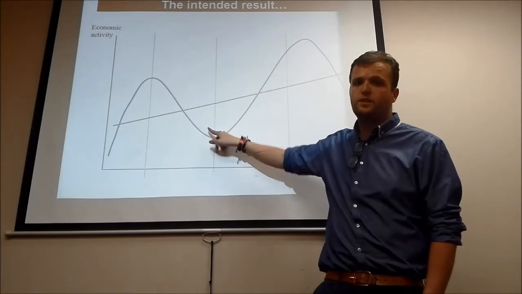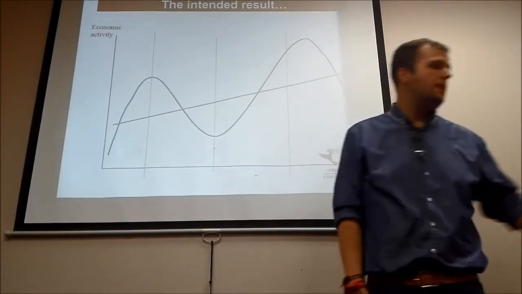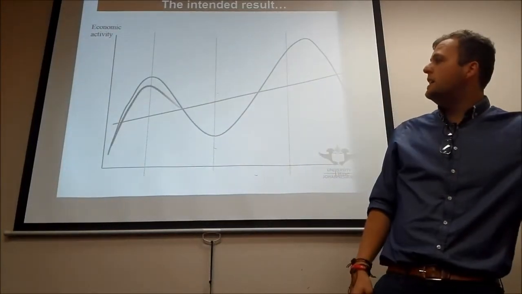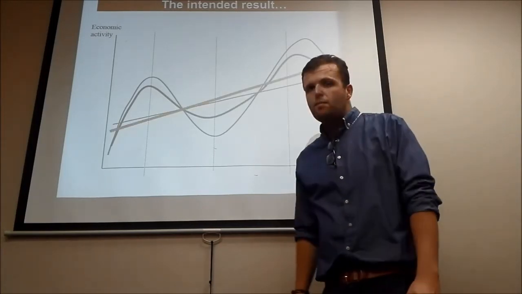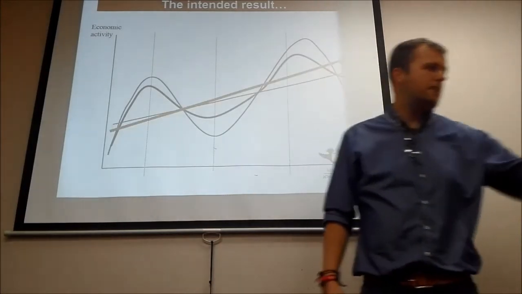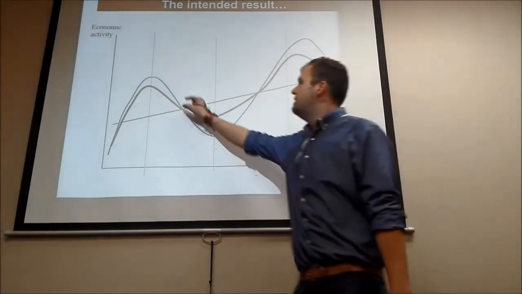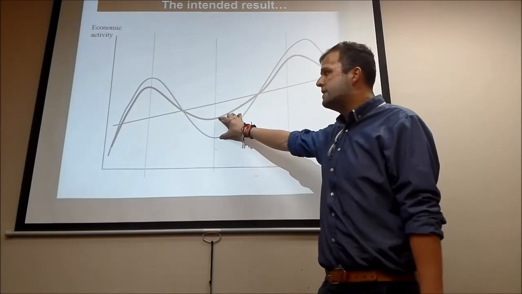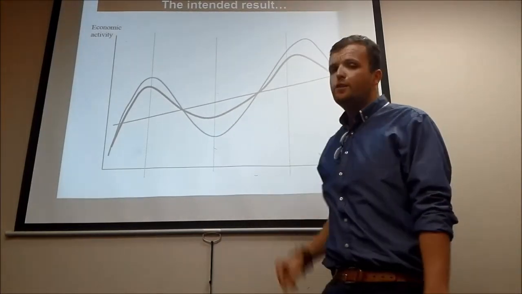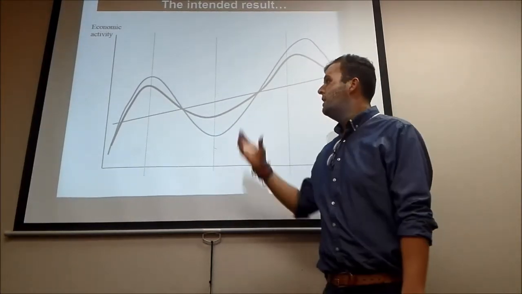Okay, so that's exactly how it works, and we call that counter-cyclical. And here you can see the diagram of a counter-cyclical policy. A counter-cyclical policy is actually just one that decreases these upswings and decreases the downswings. So they are counter-cyclical, meaning they do the opposite to where the economy is going at the moment.